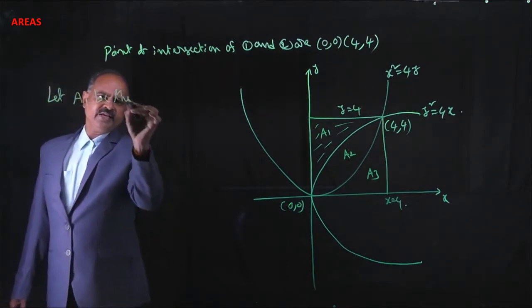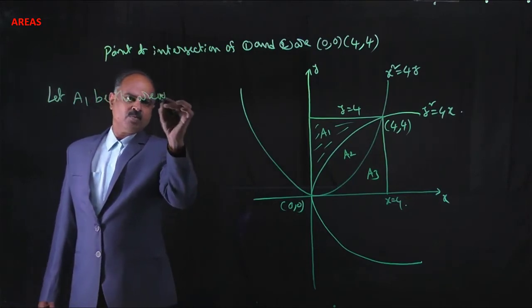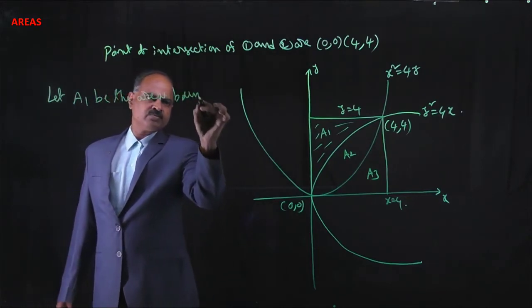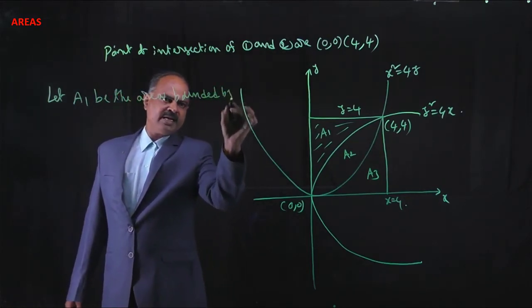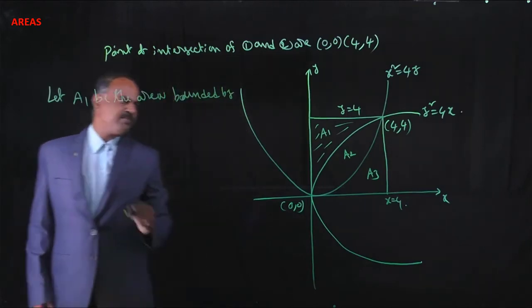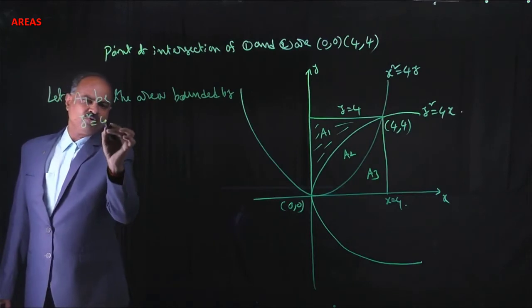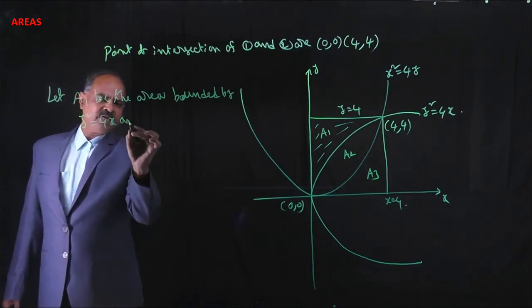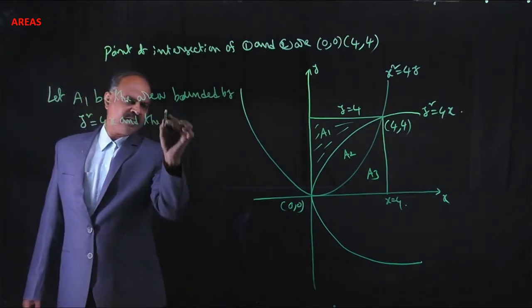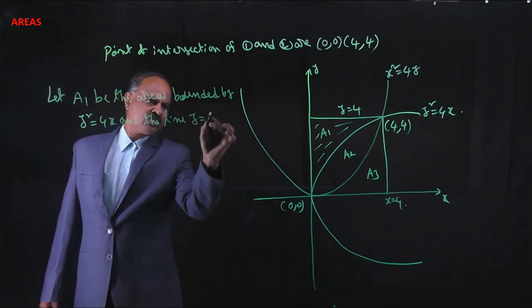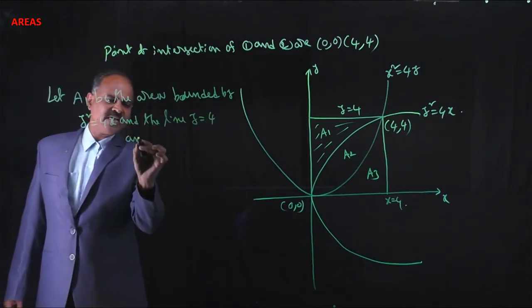Let A1 be the area bounded by y square equal to 4x, the line y equal to 4, and the y axis.